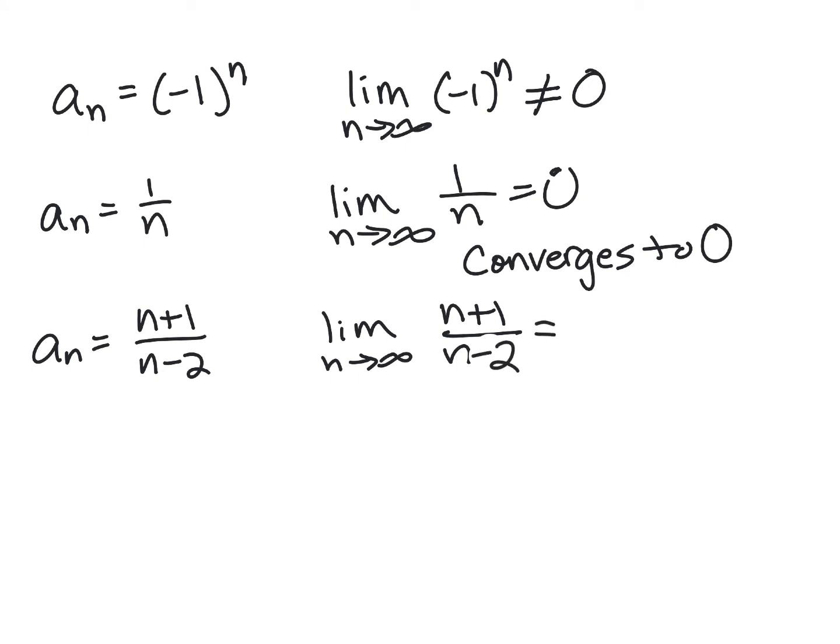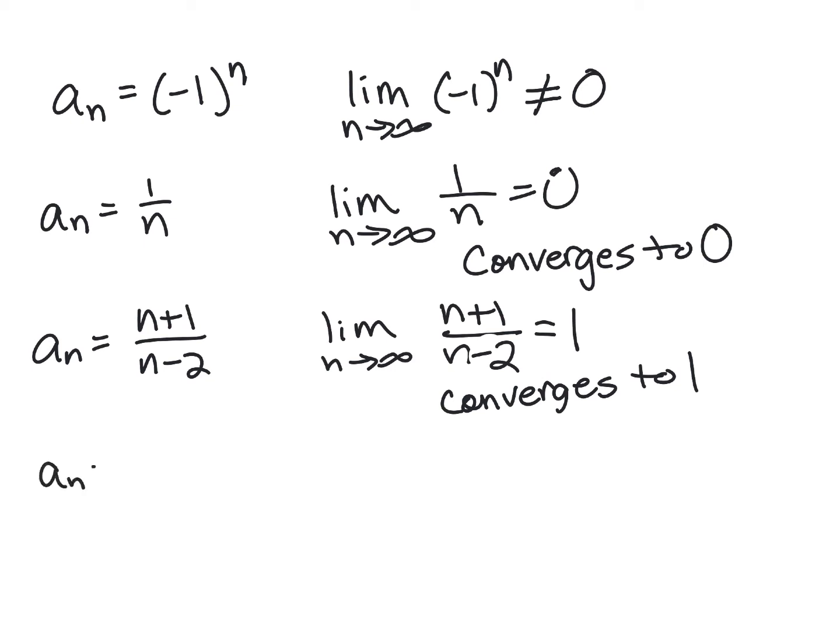Well, if n is infinity, the 1 and the 2 are negligible, correct? If these guys are teeny tiny, you can ignore them. You're only looking at n divided by n, which is 1, no matter what n goes to. So it converges to the value of 1.